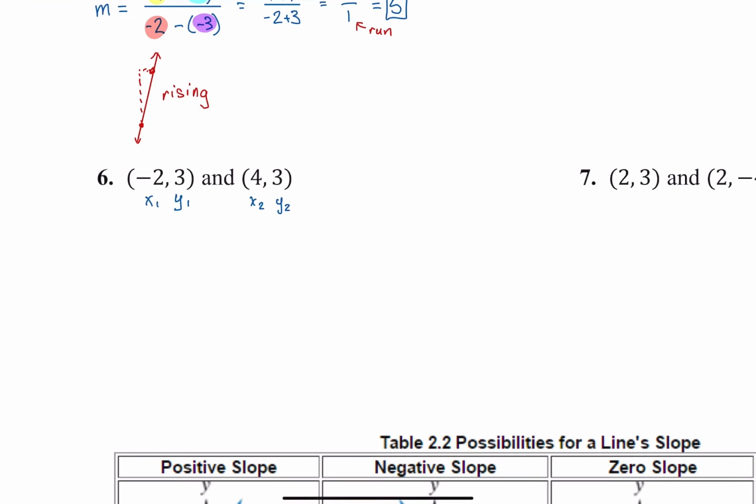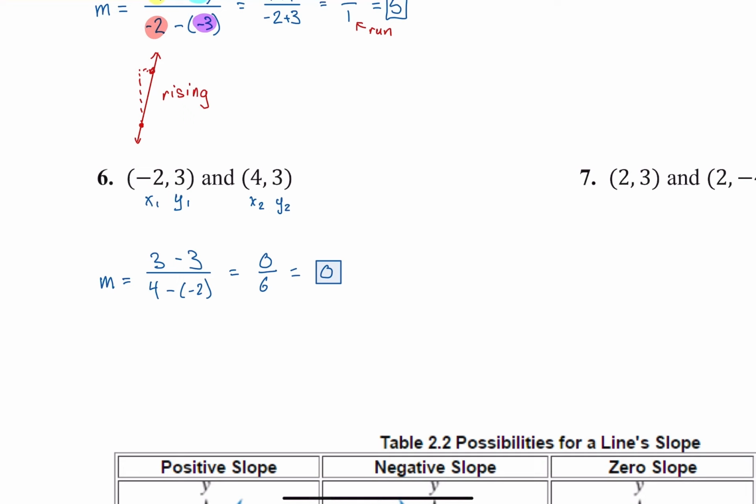So m is going to be 3 minus 3, y2 minus y1, and we will divide that by 4 minus -2. So 4 minus -2. So this is going to be 0 over 6. And the thing to remember is whenever you have a 0 in the numerator, the slope is actually going to be 0.